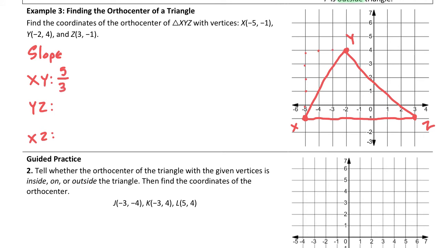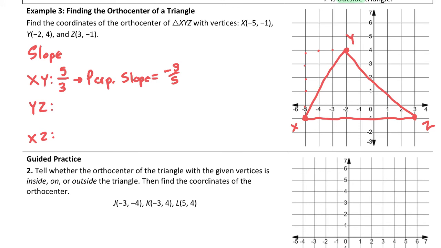So the slope is 5/3. What I care about is the perpendicular slope. And remember, opposite reciprocal. Opposite of positive is negative. Reciprocal of 5/3 is 3/5.